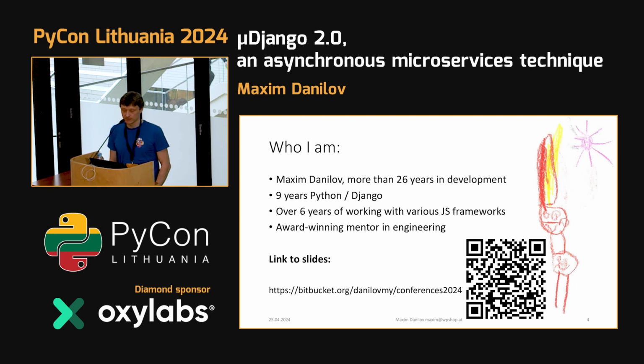I am Maxim Danilov. I have worked more than 27 years in software development. For the last 9 years or a little more, I have worked with Python and Django. I'm a speaker at conferences about Python and Django, and for over 6 years I have worked with different JavaScript frameworks. I also won some awards as a code mentor in engineering.